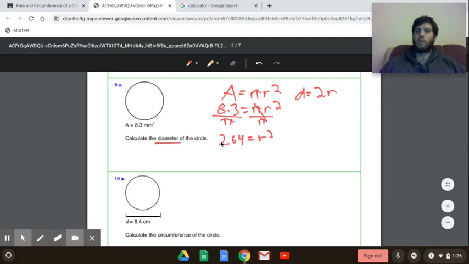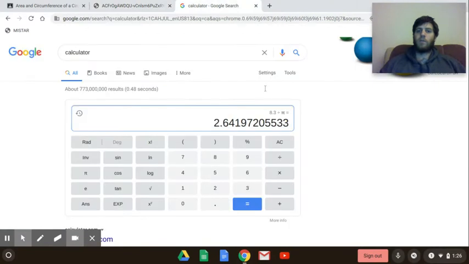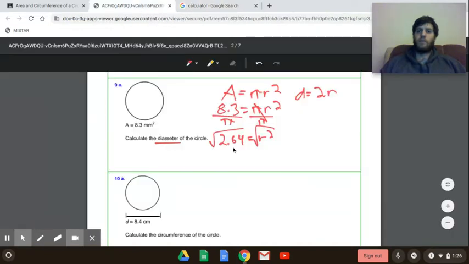And then to get rid of a square, you got to take the square root of both sides. So we want the square root of 2.64. So square root of our answer is going to be 1.63. Right, that is approximately our radius, which we can then substitute in here, multiply it by 2.